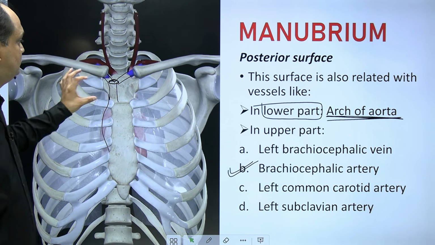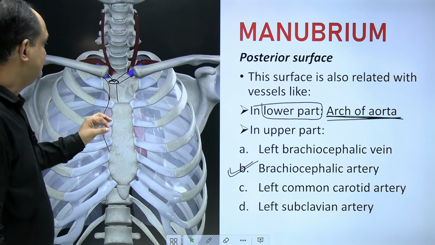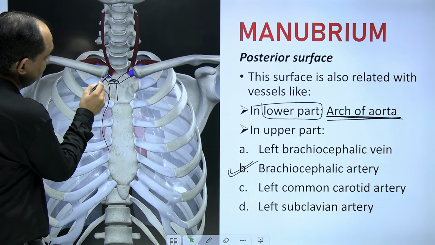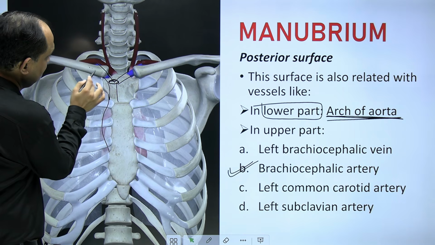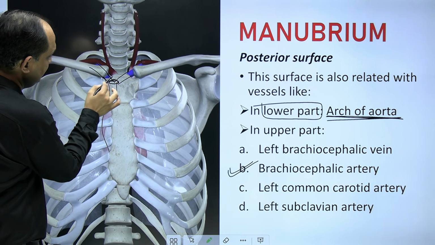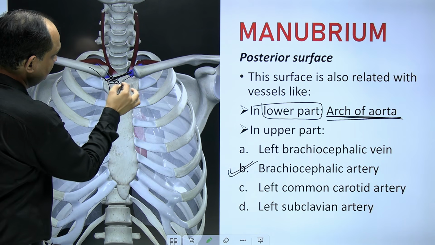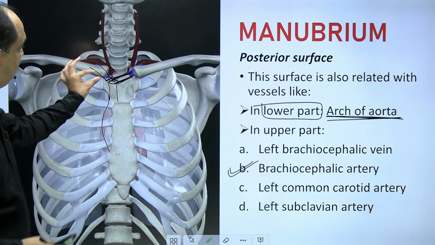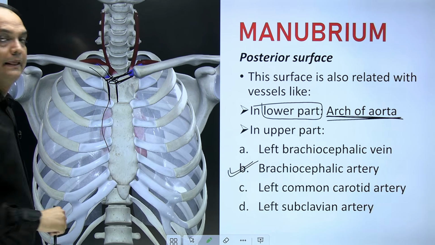Why no? Because the superior vena cava is a little bit posterior to the aorta, plus the important thing is that the right brachiocephalic is also not related, because as soon as the right brachiocephalic approaches the posterior part of the clavicular notch, at this point it will meet with the left brachiocephalic. So the left brachiocephalic vein is longer than the right, and then there is the formation of the superior vena cava. Clear?